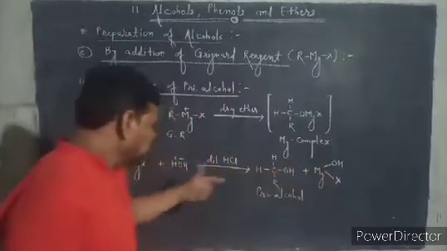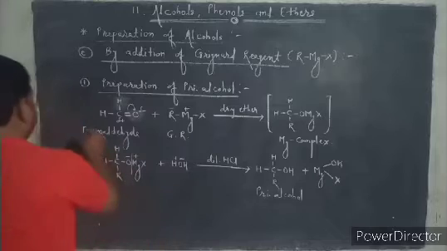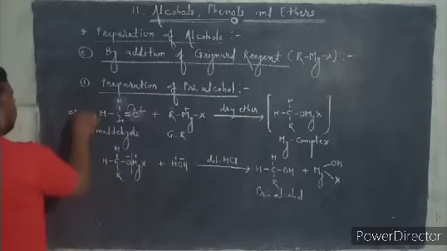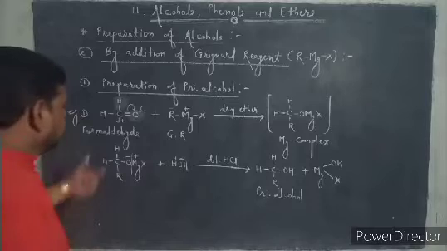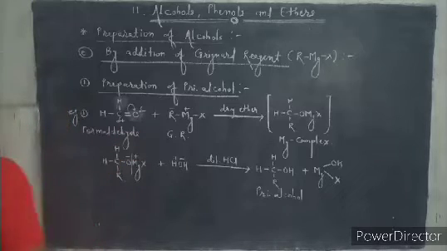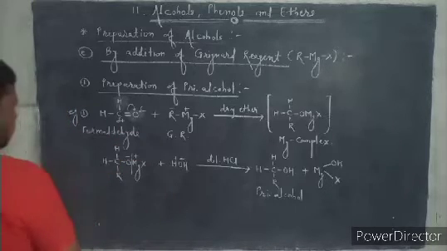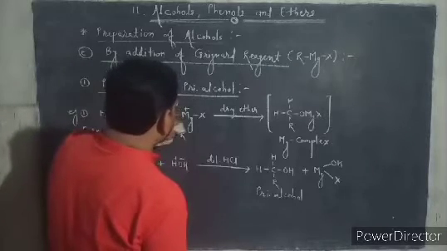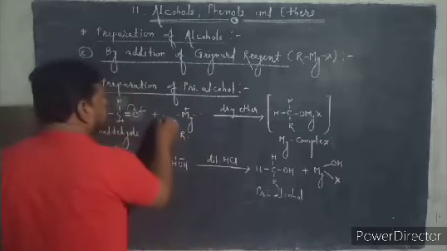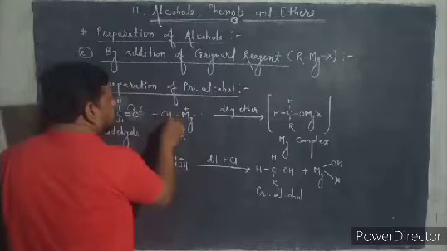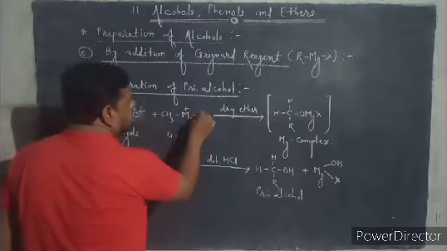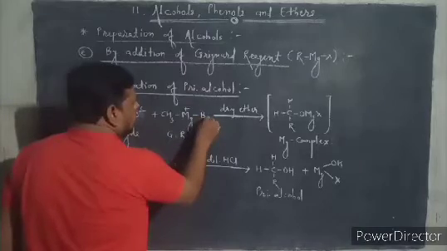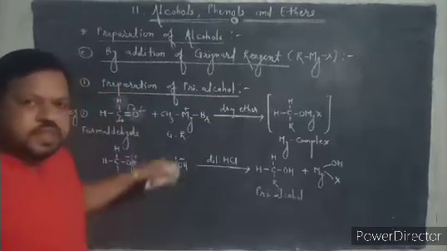Okay, then we see one of the examples of preparation of alcohol. Formaldehyde reacts with Grignard reagent, that is methyl magnesium bromide.